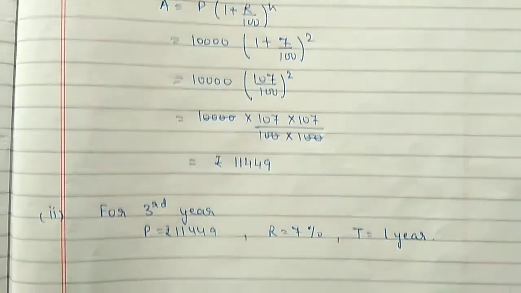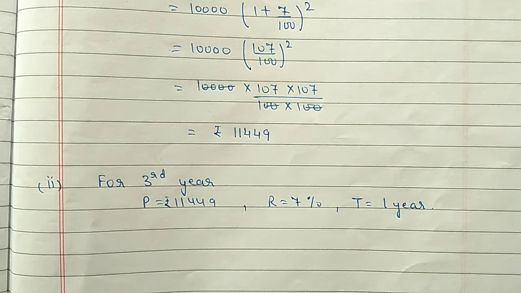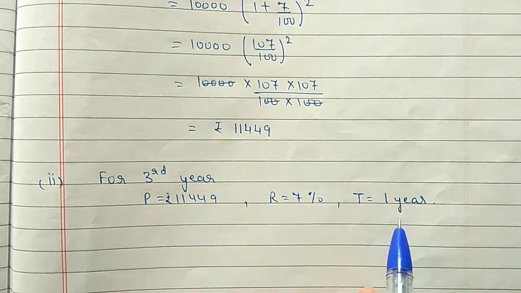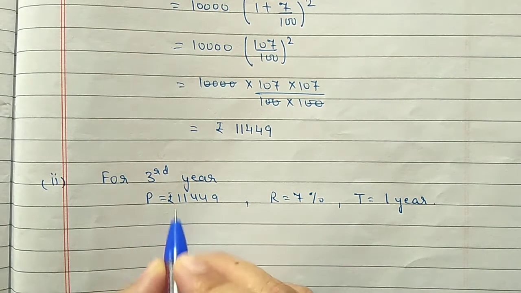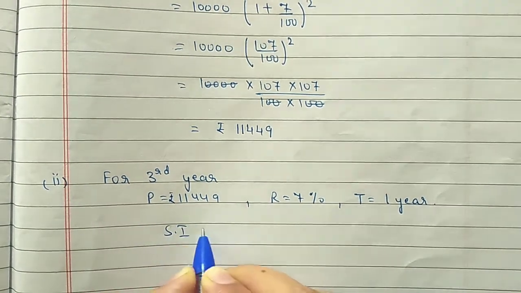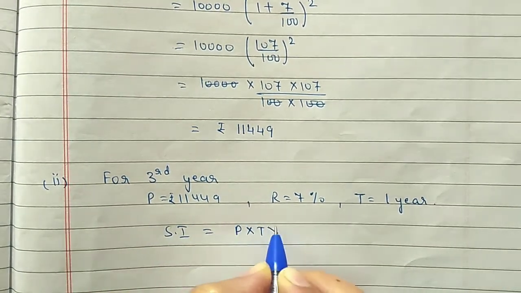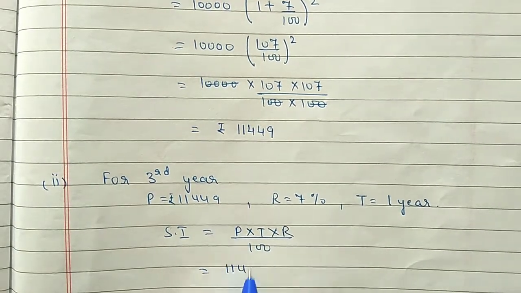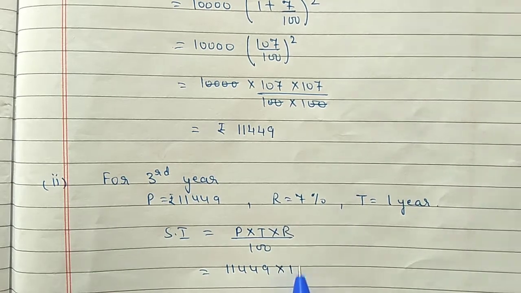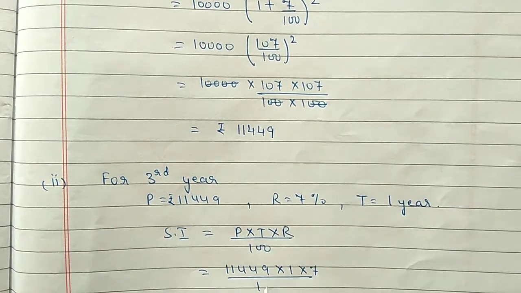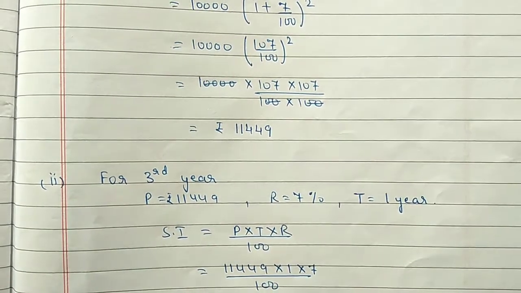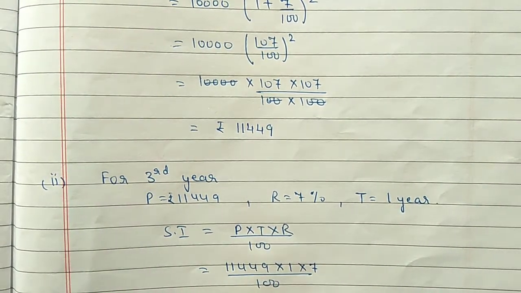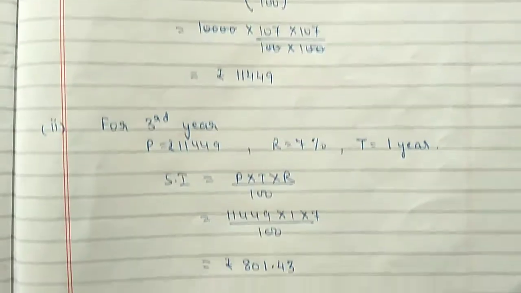So you can use here the simple interest formula, or you can use the compound interest formula, because we are calculating only for 1 year. So for the third year, simple interest is P into T into R by 100, 11449 into 1 into 7 by 100. After multiplication and division you will get 801 rupees 43 paise.